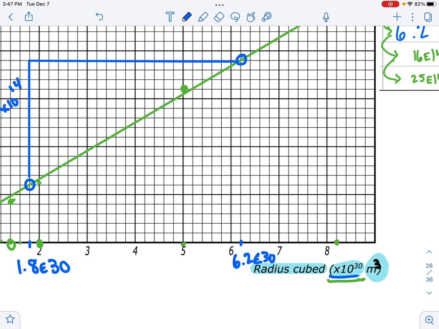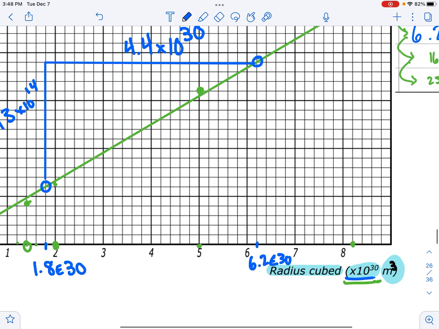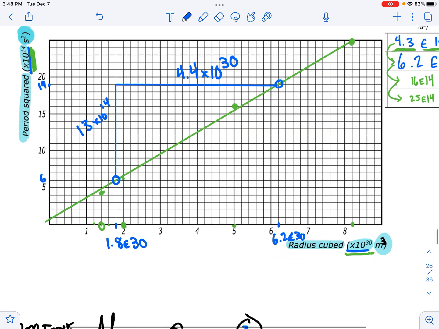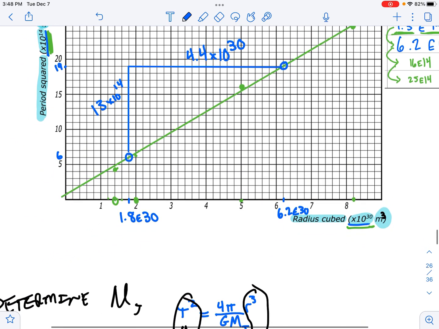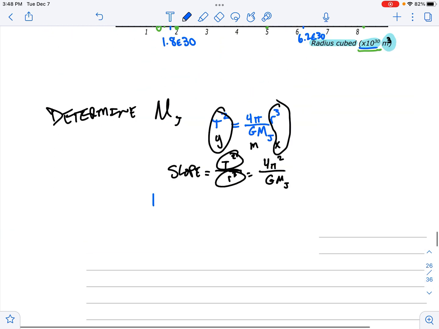That one's harder for me to do in my head. 4.2, 4.4 times 10 to the 30th. So my rise over run is 13 times 10 to the 14th divided by 4.4 times 10 to the 30th.